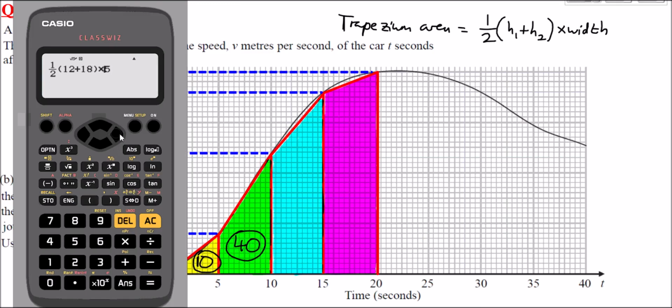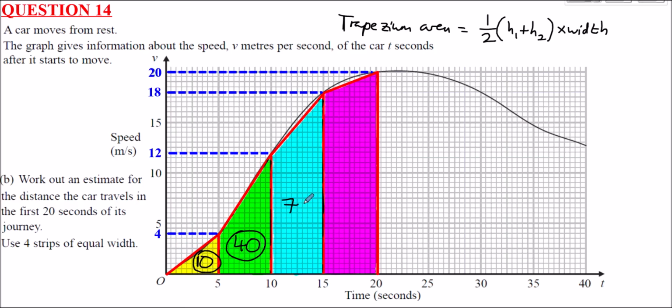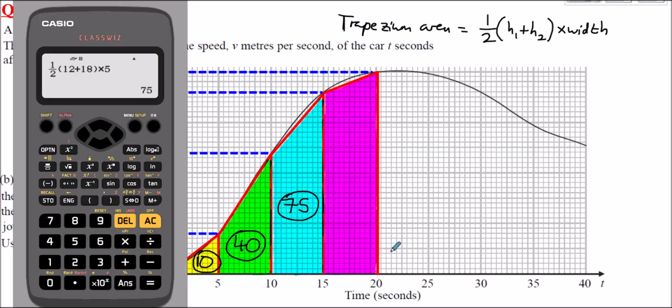I get 75. And finally this one, that height's 18, that height's 20. So same formula, just alter the numbers. So half of 18 plus 20 and times by 5. I get 95.